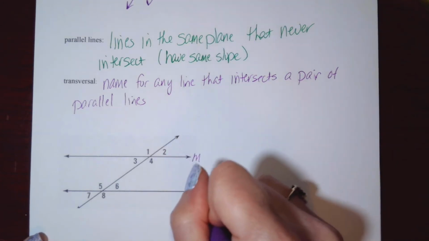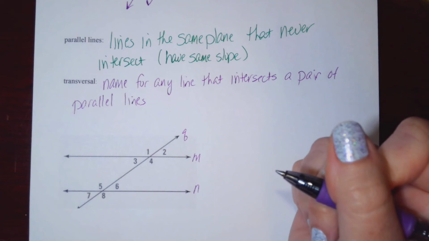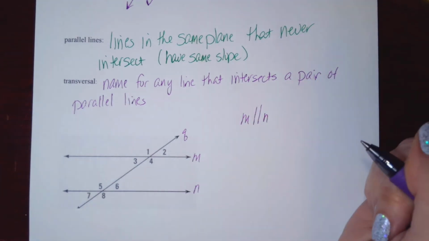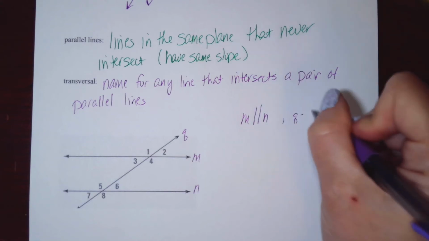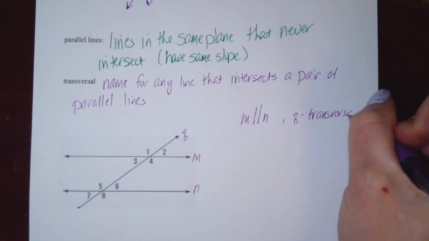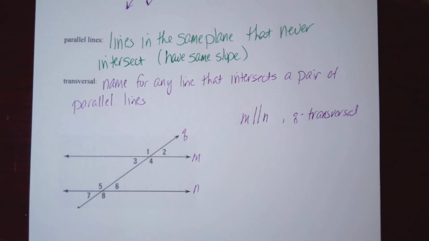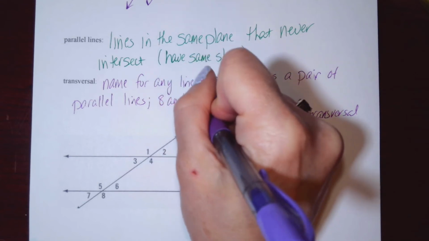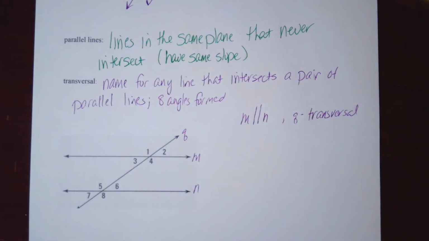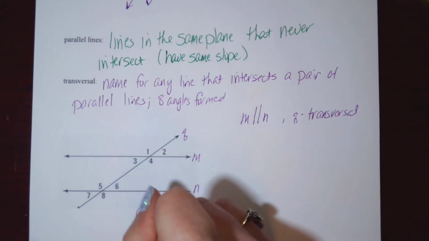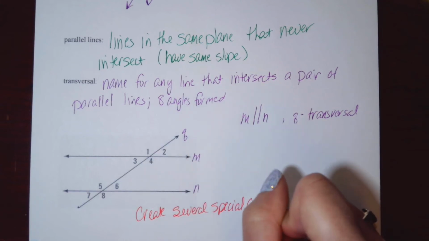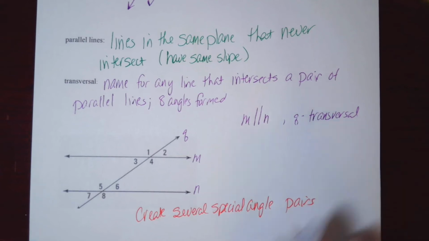If this is line M, this is line N, let's say this is line Q, M is parallel to N, and Q is my transversal. You can see that 8 angles are formed. And these 8 angles create several special angle pairs. And that's what we're going to focus on on the next page.